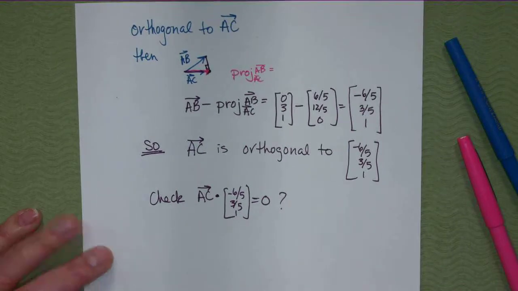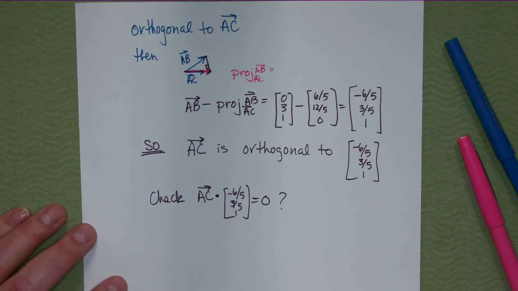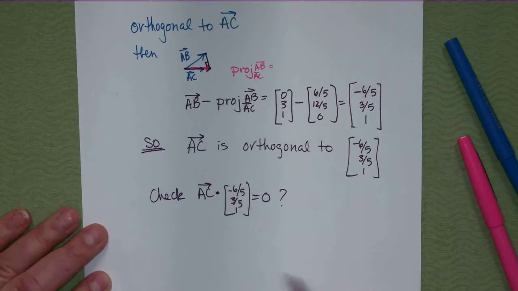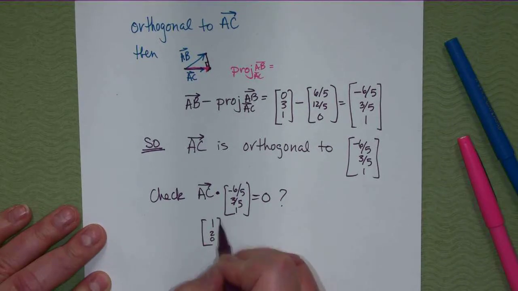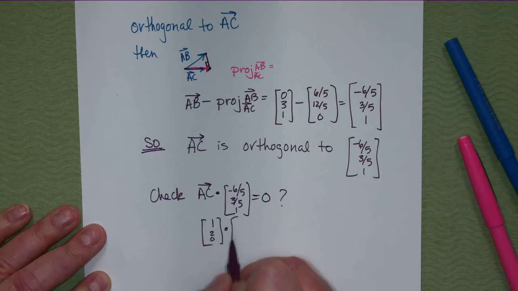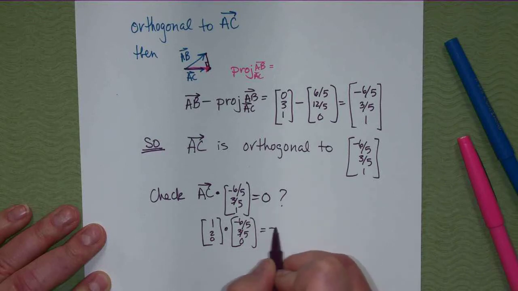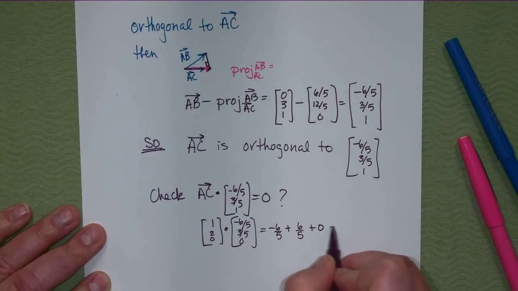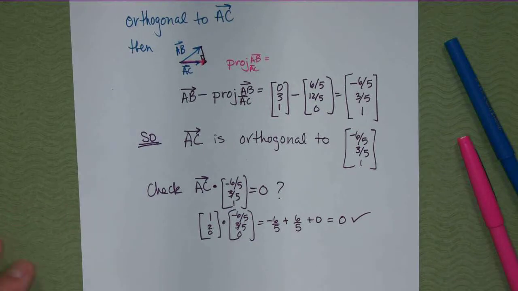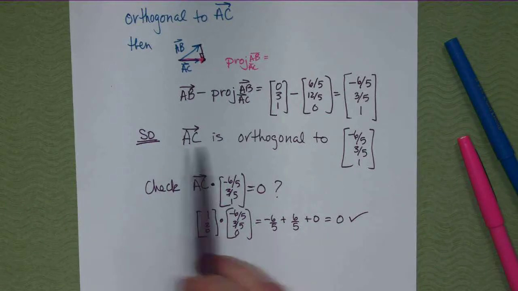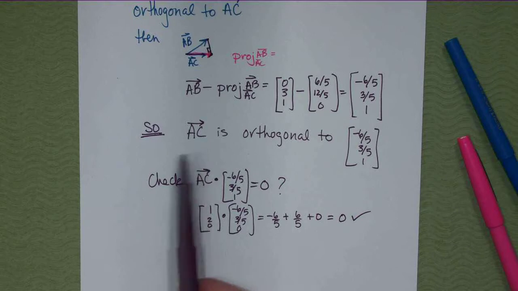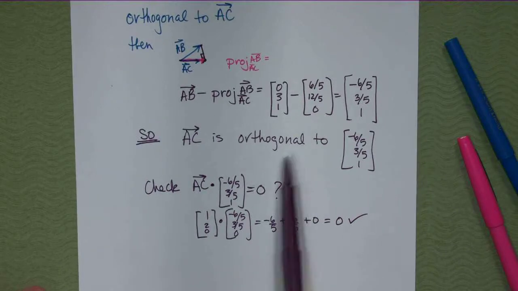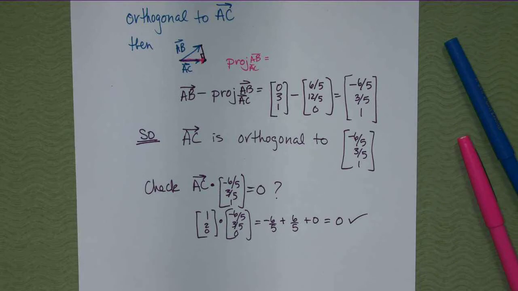AC was (1, 2, 0). So AC is orthogonal to that, but so is the projection, and that would also be in the plane. So you could say the projection's orthogonal to that, or AC, because the projection is just a part of AC anyway.